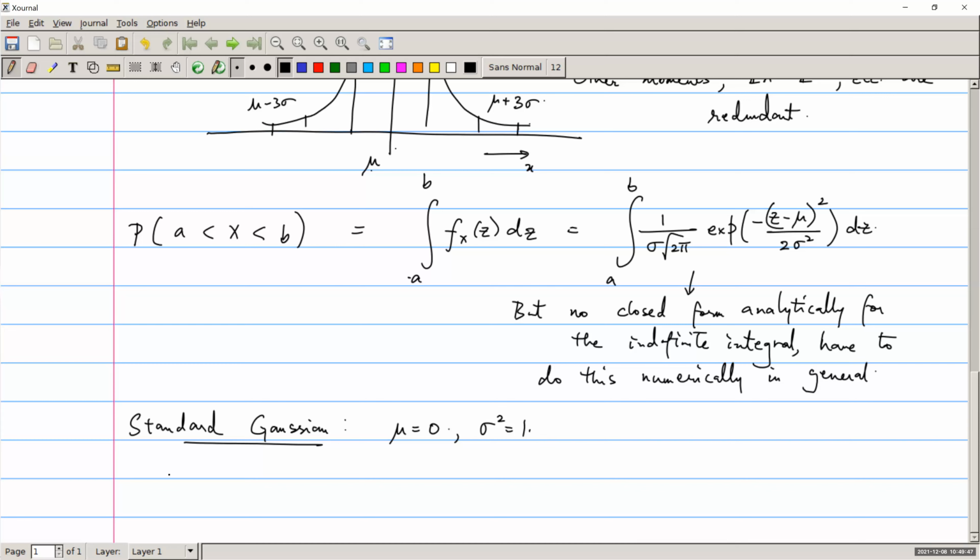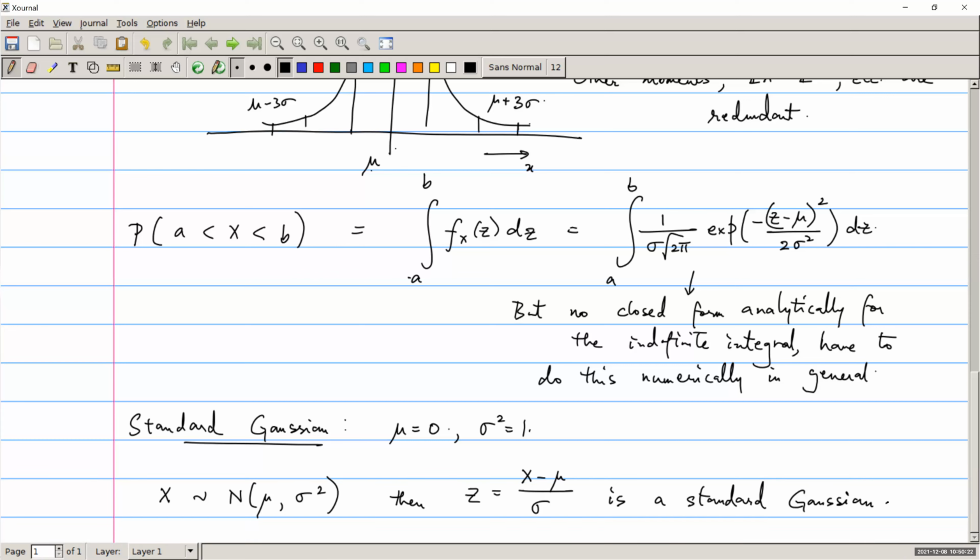So in general, if x is a Gaussian with mean mu and variance sigma squared, then the quantity z, which is x minus mu divided by sigma, has a standard normal distribution.